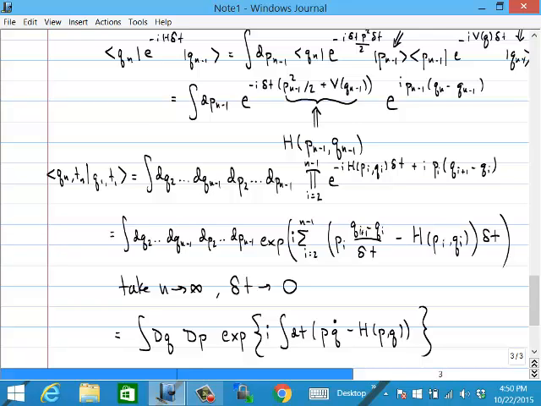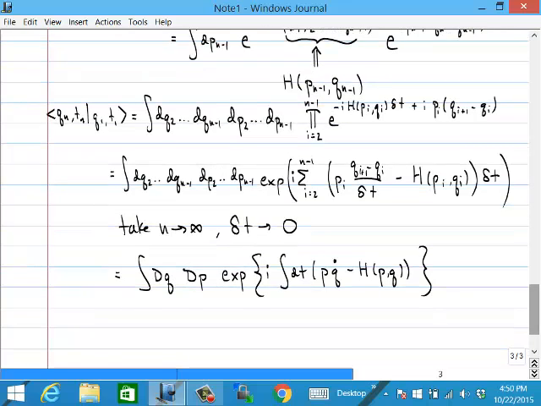The sum over i becomes an integral, the q_{i+1} minus q_i becomes a q dot, and then we have that h of p and q. Any questions on that? And this is really our desired answer, but we've expressed this answer as a path integral over phase space.